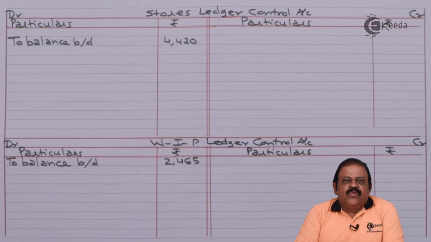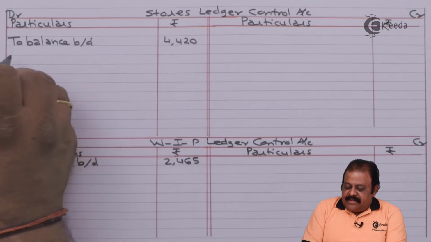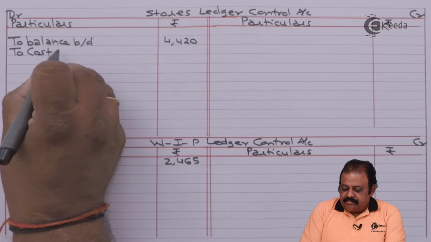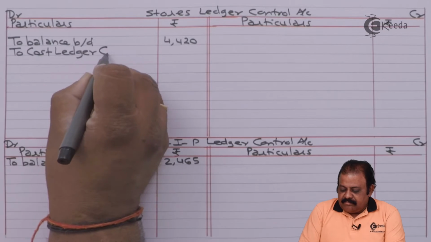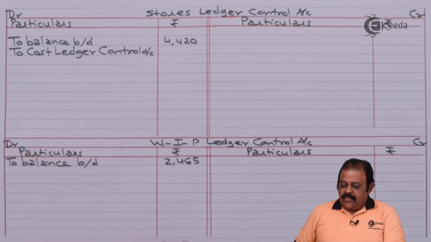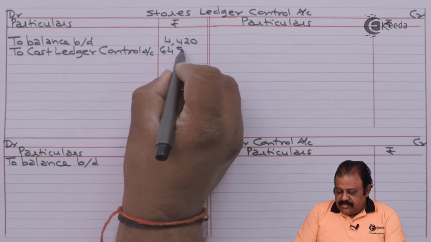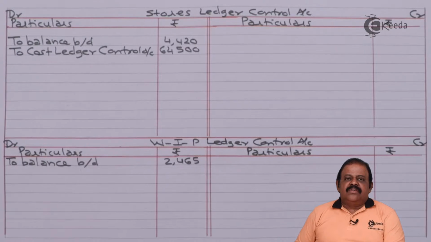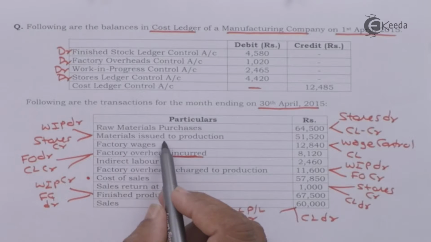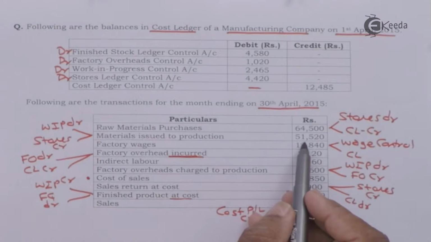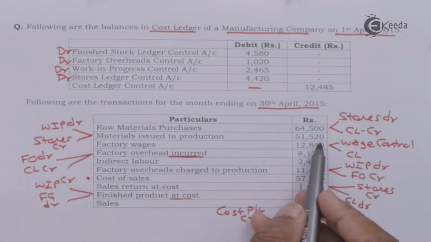Stores ledger control account debit side, to cost ledger control account 64,500. Material issued to production 51,520.